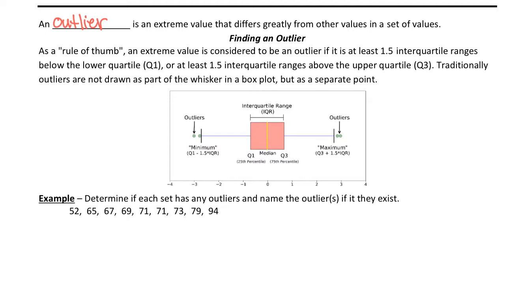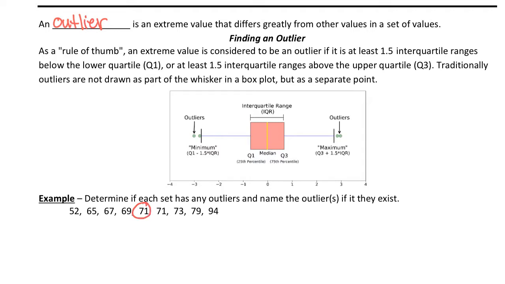There's a very straightforward mathematical way of finding outliers. However, it does have quite a few steps involved. So the first step is we want to find our upper and lower quartile. When I look at this set of data, I can see that there are 9 numbers. My median is the 71. It's right in the middle.